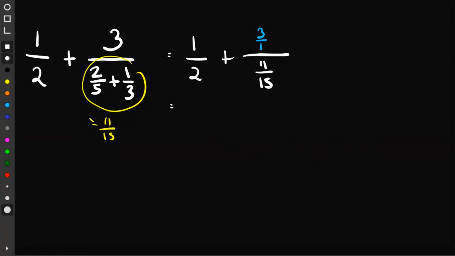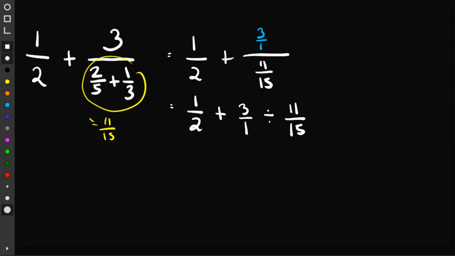So this one is equal to 1/2 plus 3 over 1 divided by 11 over 15. Now, with this one, applying the rule on PEMDAS, we know that we'll start with the division operation before the addition.